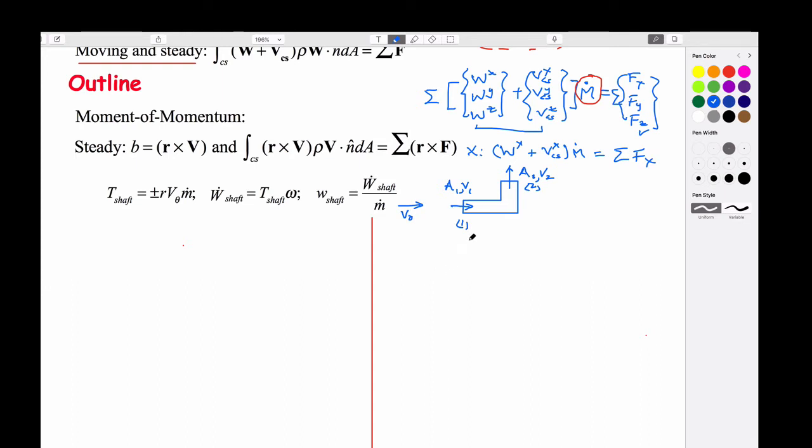So one question you might want to ask is, if this is on rollers and sitting on the ground, then what is, for instance, the velocity of the control surface in the x direction if you leave it free to move?